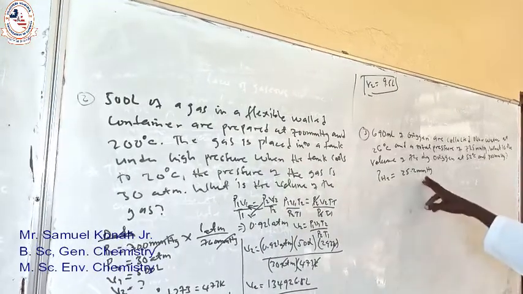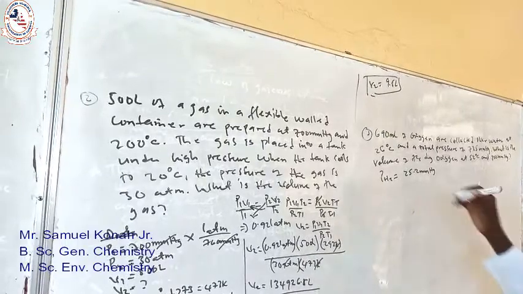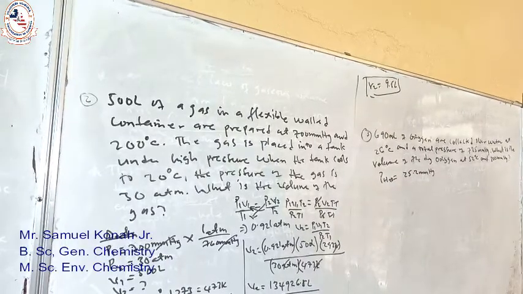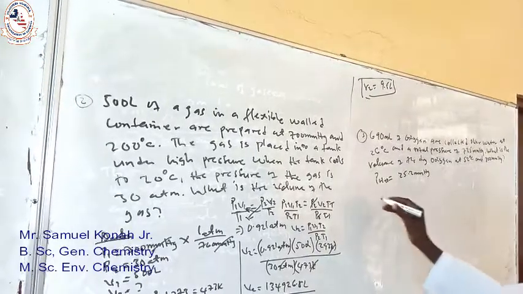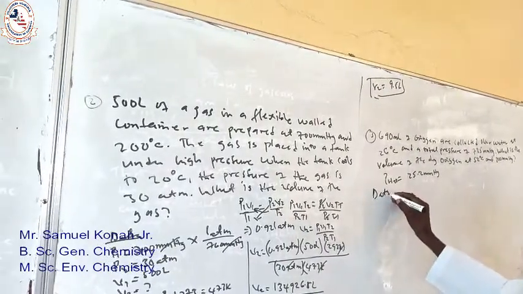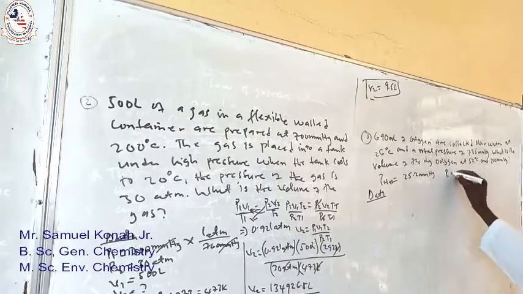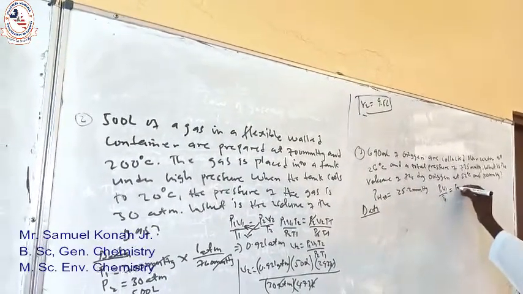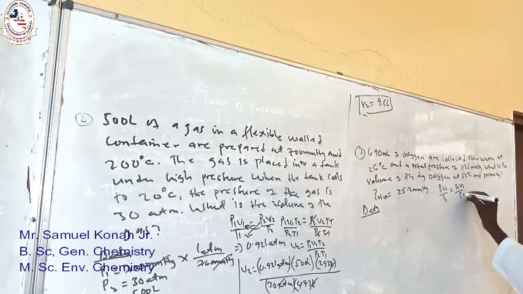The partial pressure of water is given to be 25.2 millimeter mercury. So here we call out our data, knowing that P1 V1 over T1 is equal to P2 V2 over T2.